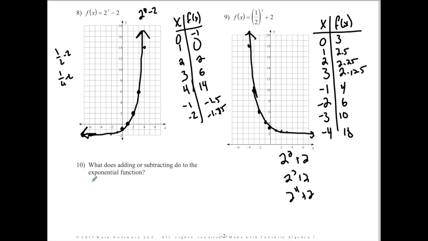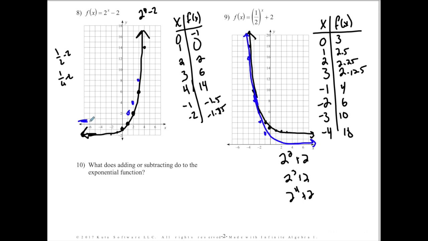Okay, what does adding or subtracting do to the exponential function? So suppose I had given you this function instead. So this blue function here represents what we would call the equivalent parent function.